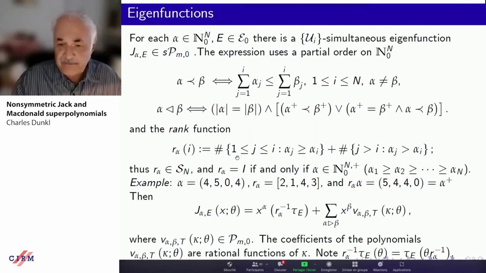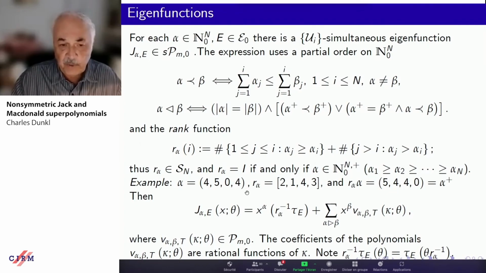There's a rank function. So if alpha is a partition, it will have a rank function of identity, otherwise it's something else. R alpha is always a permutation.